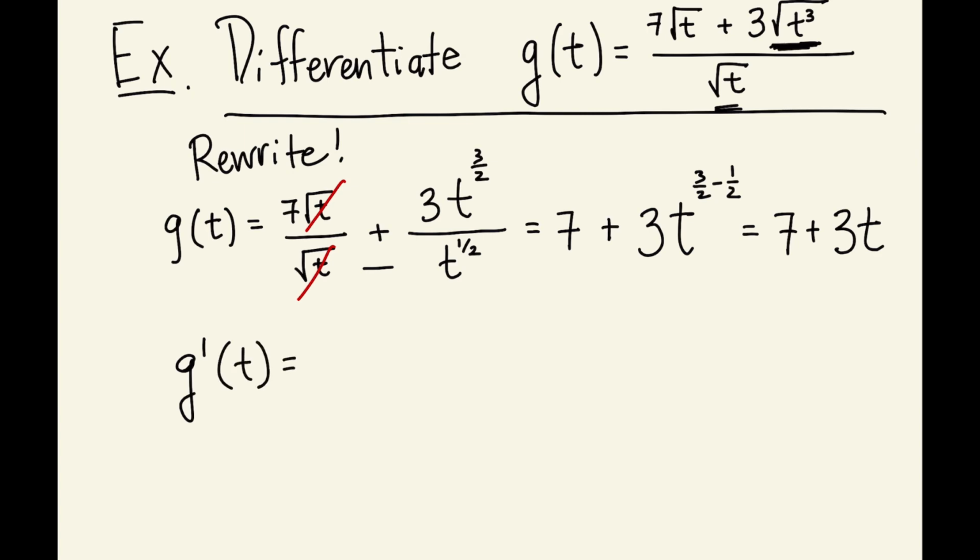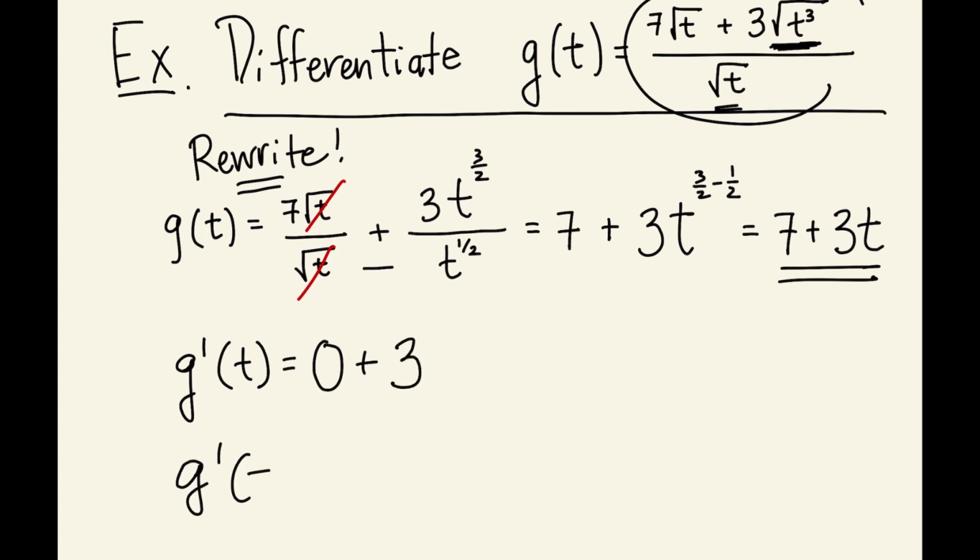Most of the work went into rewriting the function, but you can see that this function is much simpler in appearance. Taking the derivative, I use the constant rule here, and the constant multiple and power rule here. So the derivative is 0 plus 3, and our final answer is that the derivative is just equal to 3.